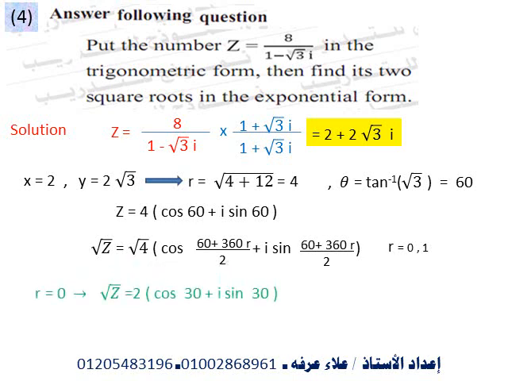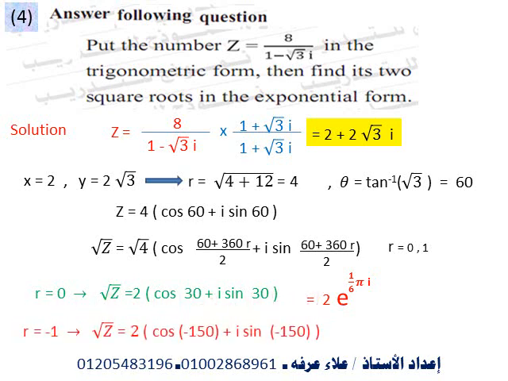If r equals 0, we can get root z equals 2 (cosine 30 plus i sine 30) equals 2e power (1 over 6 pi i).